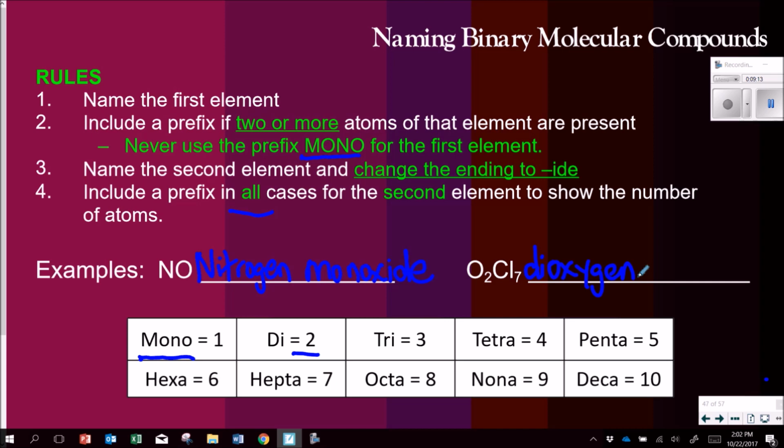My second element is Cl, so chlorine, which becomes chloride, and I include the prefix. We have 7 chlorides, so 7 is hepta, so hepta and chloride.